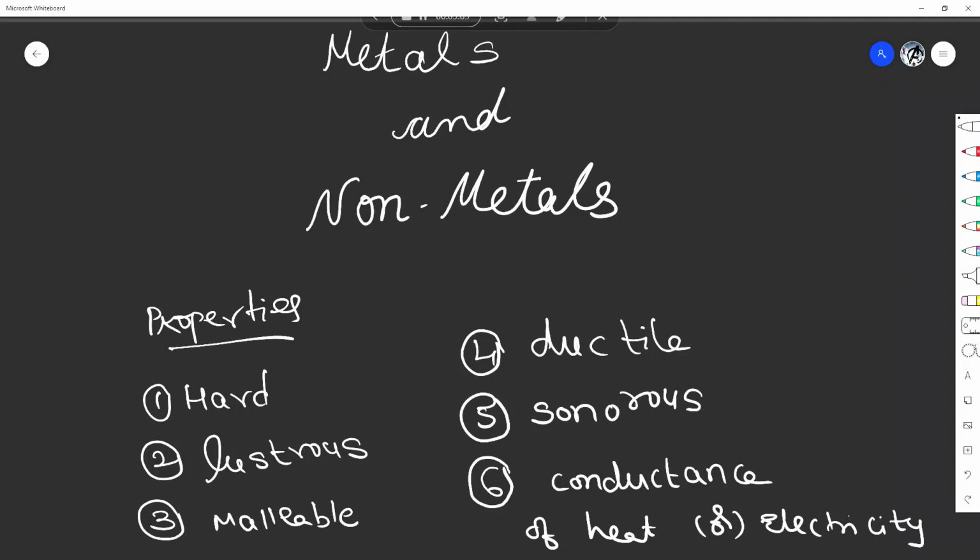All non-metals do not generate a unique sound or pleasing sound when they are beaten. And next, conductance of heat or electricity. All non-metals need not conduct electricity. Some may conduct, some may not, it depends, but all may not conduct heat or electricity. These are the major differences or basic properties which differentiate metals from non-metals.